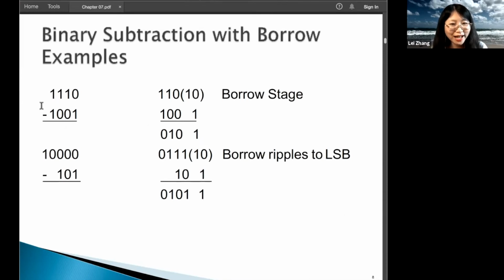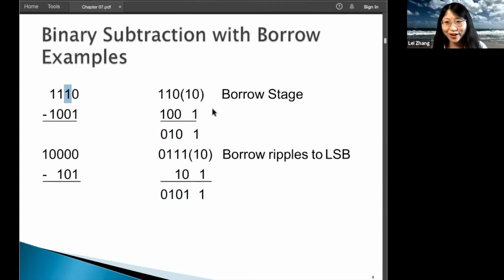For this first example, 1110 minus 1001. The last bit is 0 here, and minus 1 is not enough, so we have to borrow 1 from the next bit. This bit will be borrowed, and then it will become 10 on the last bit.